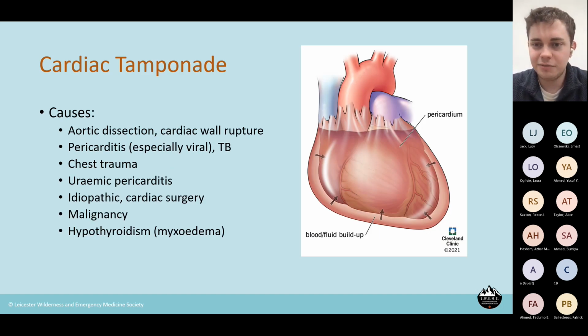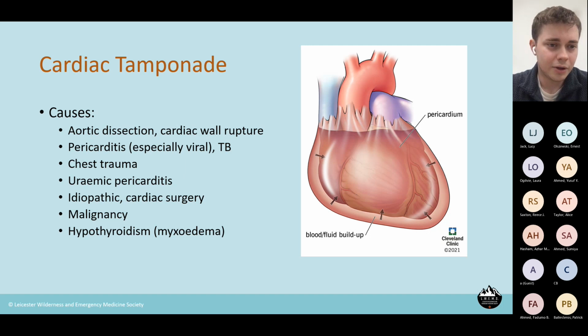It's an accumulation of fluid in the pericardium, between the parietal and visceral pericardium, which you refer to as a pericardial effusion. If the pressure from the effusion is enough to compress the heart, especially the right ventricle, because its wall is thinner than the left, you get decreased diastolic filling, decreased stroke volume, and therefore decreased cardiac output.